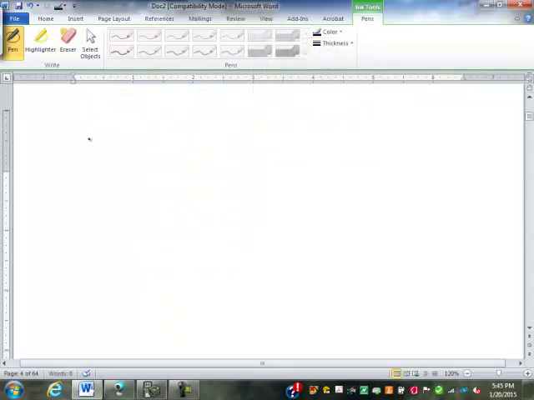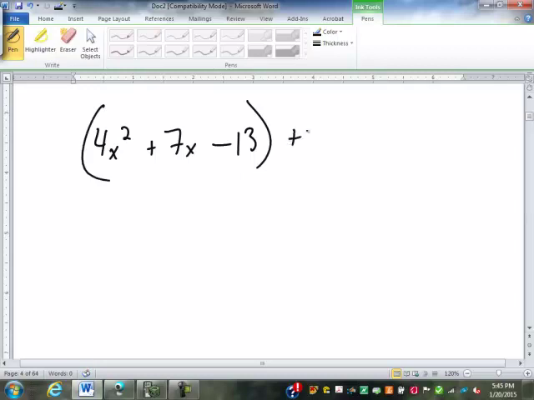Now it can get a little more complicated than that. We can get into what we call polynomials, which are just the full algebraic numbers with more than one digit. You can see here this has got x squareds, x's, and then the ones.